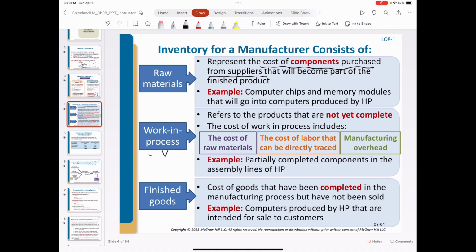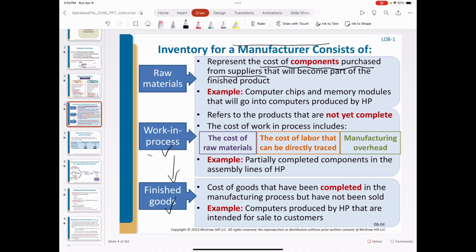Work in process represents the inventory in the production procedures but not complete yet. The cost of work in process includes three components. While finished goods exit from work in process because the manufacturing procedures have been completed.